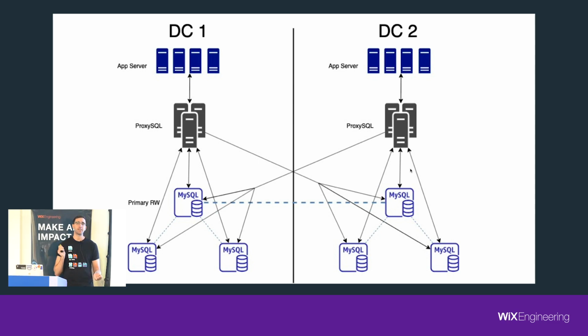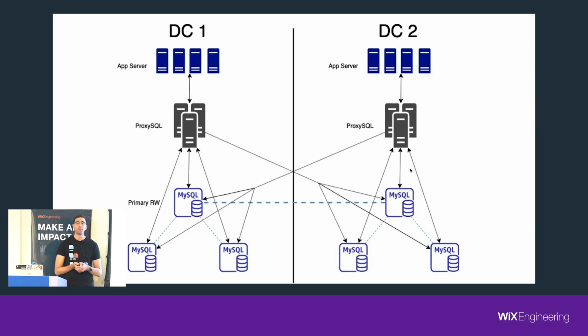It also has high availability, load balancing between read connections, and also failover for write connections if the primary MySQL that's open to writes failed and it moves to another one. The ProxySQL will automatically redirect the write connections to the appropriate MySQL.